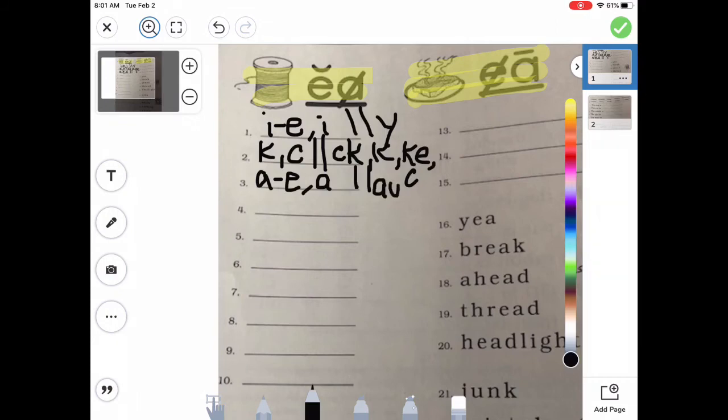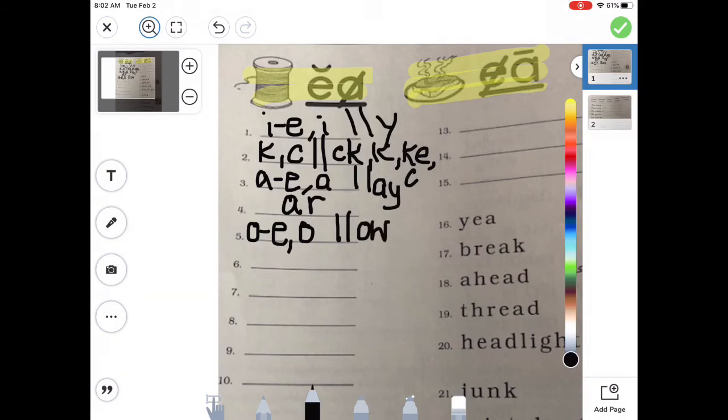AY, very good. Okay, what about the R sound if I want to spell R? AR, very good. All right, and then O. O, consonant E, and then O, and then what ending? OW, very good, like in "snow."